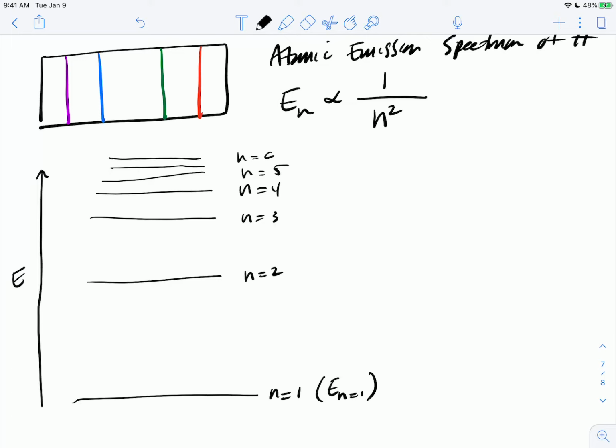We'll do one more. N equals 7. There's a lot of these pictures in your books and online.